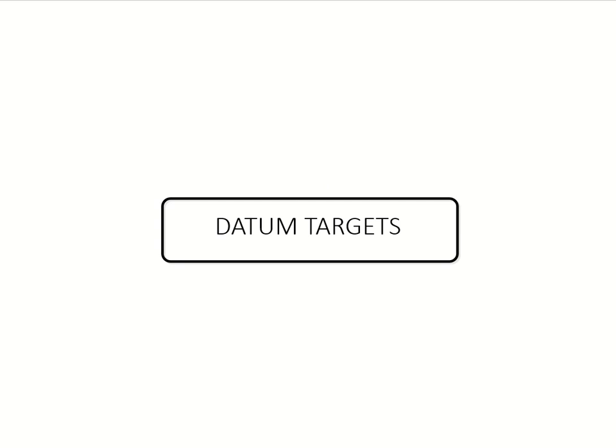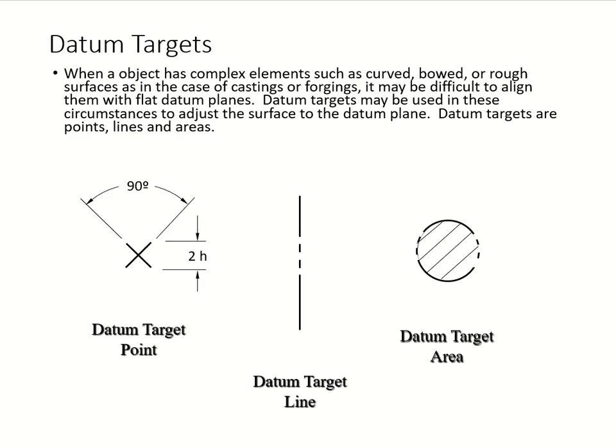Datum. I put the number for you so you can trace datum targets. All right. So datum targets are going to point out elements in your object. When you have complex elements on an object, like a curve or bold or rough surfaces, then we have to use a datum target.